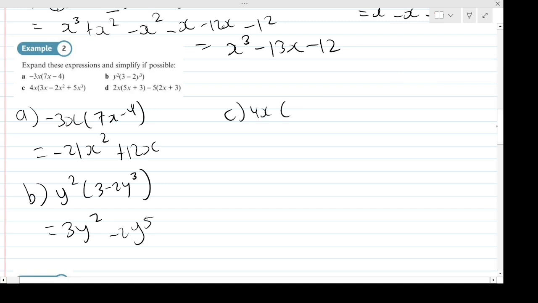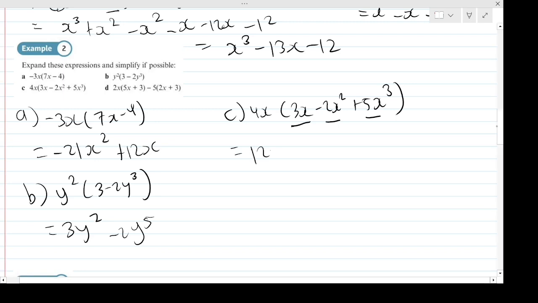Okay, cool. Then part C, if we get rid of this now, part C then is asking for 4x lots of 3x minus 2x squared, add 5x cubed. And again, even though we've got 3 terms now instead of 2, it's the same process again. So we're going to times the number outside by every term inside the bracket. So we're going to have 4x firstly times 3x.